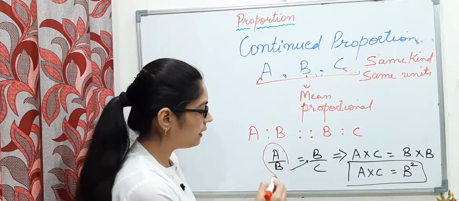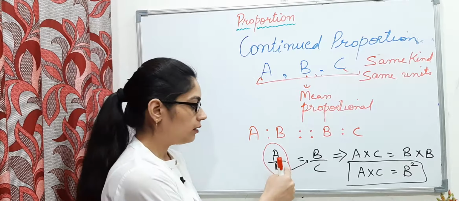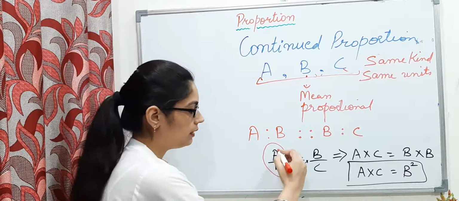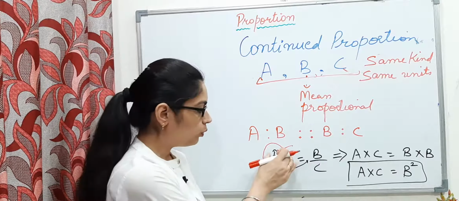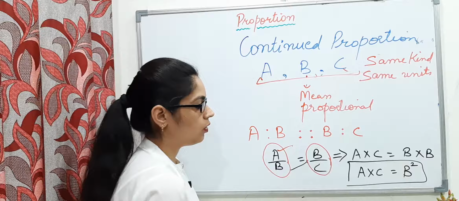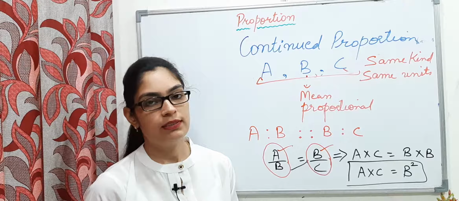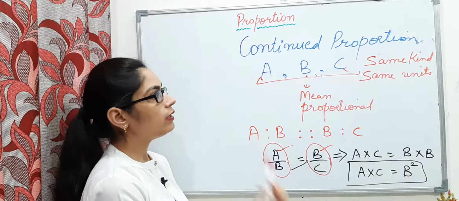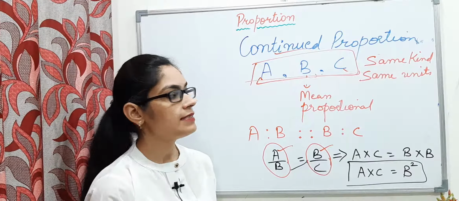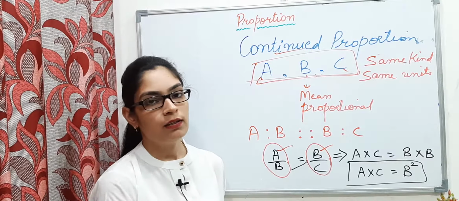Because here we are taking the ratio of A by B. I already told you while I discussed ratio that we can only find a ratio when the 2 quantities are similar. So that is why these 2 quantities A and B should be of the same kind. And here we again take the ratio of B is to C, which means these 2 should also be similar with similar units. So that is why when we deal with continued proportion, all the 3 quantities should be of the same kind and same units. Now let's start with exercise 7a and do the questions.